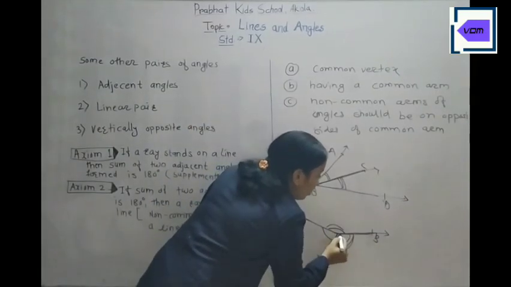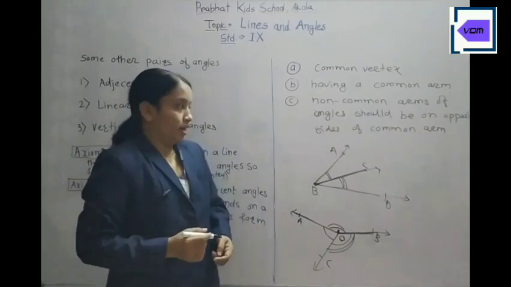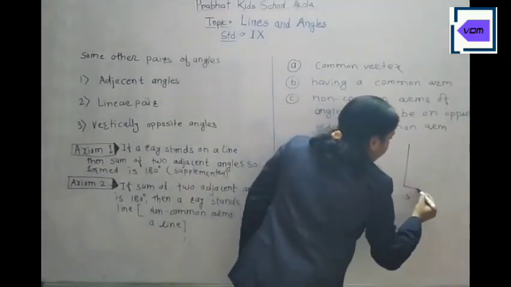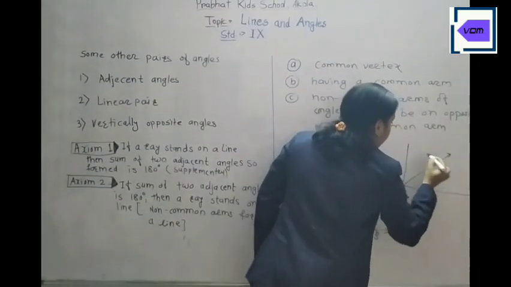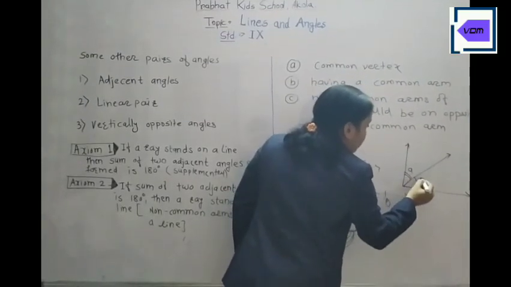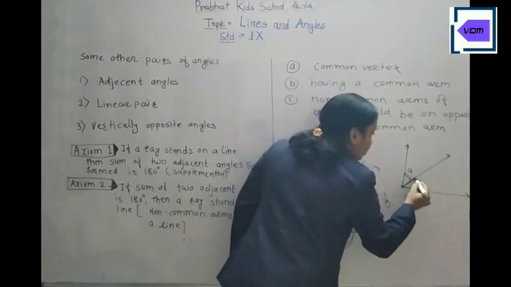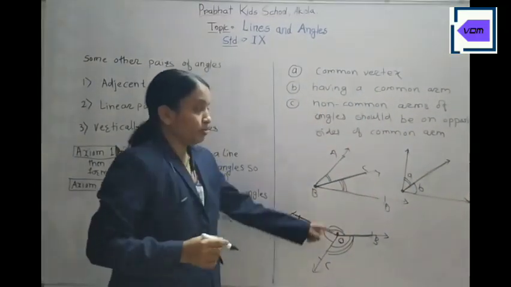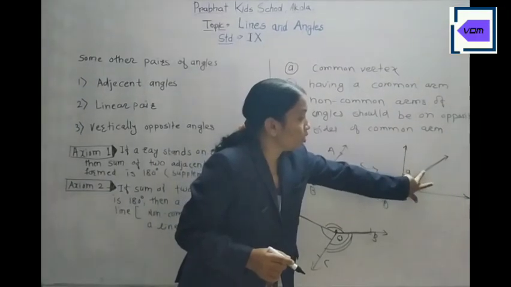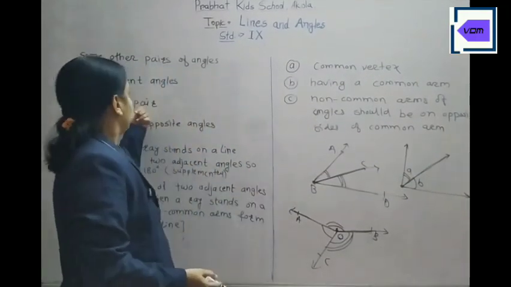This OB is the common arm and O is the common vertex. Another example of adjacent angles: this angle A and this angle B are adjacent angles having this vertex common, and this arm is the common arm.